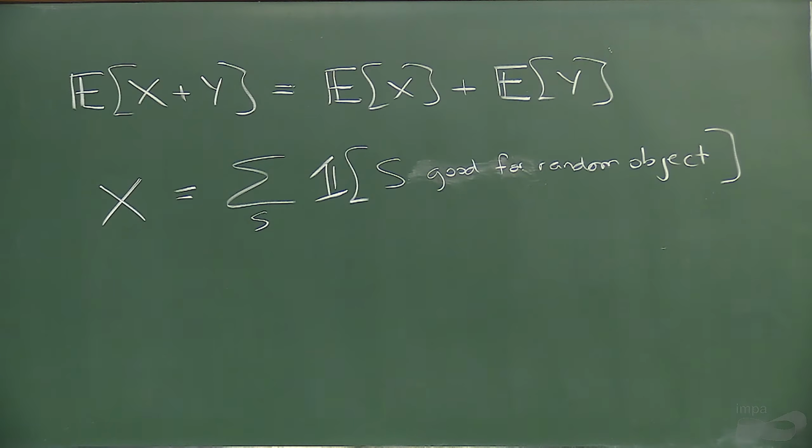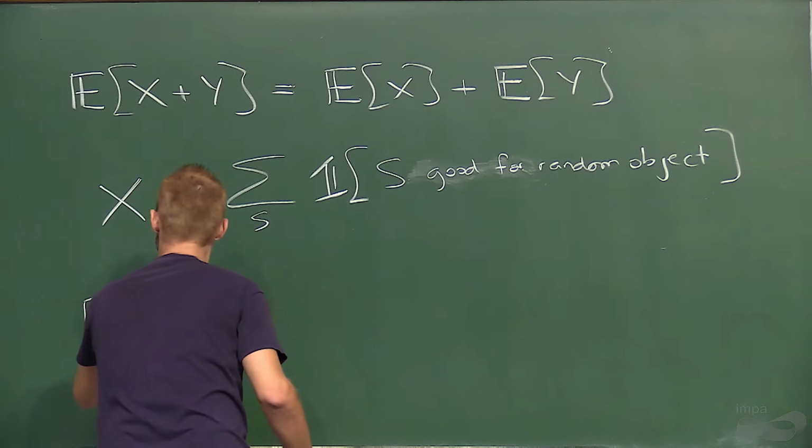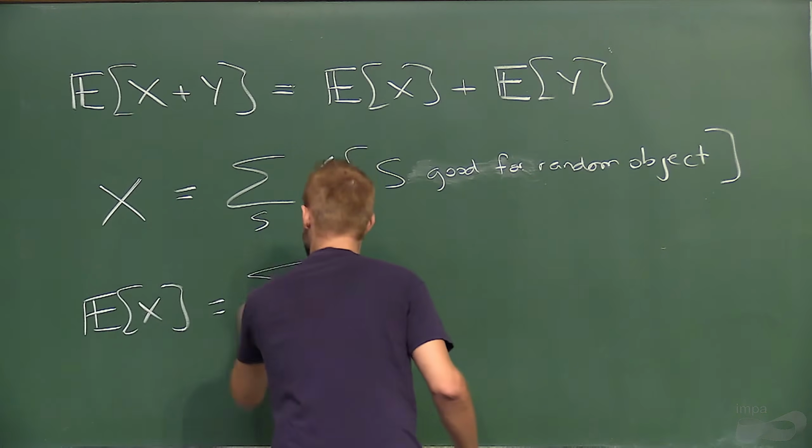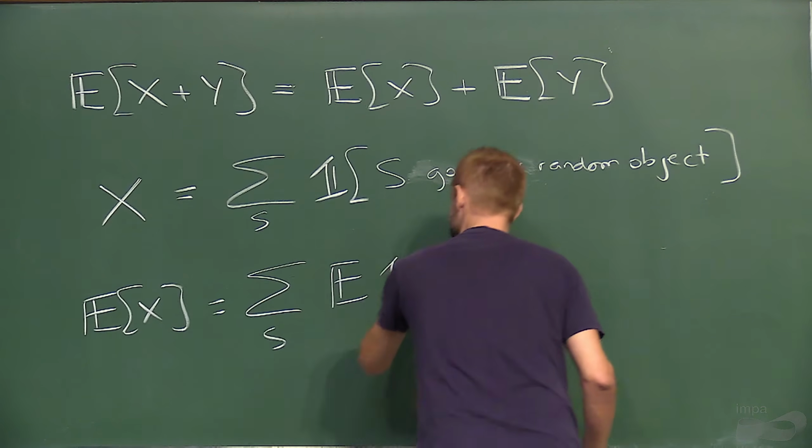Right? We were just counting the number of s's that had some property for the random object. And then using linearity, what do we get? The expectation of x is the sum over s of the expectation of the indicator function of this thing.